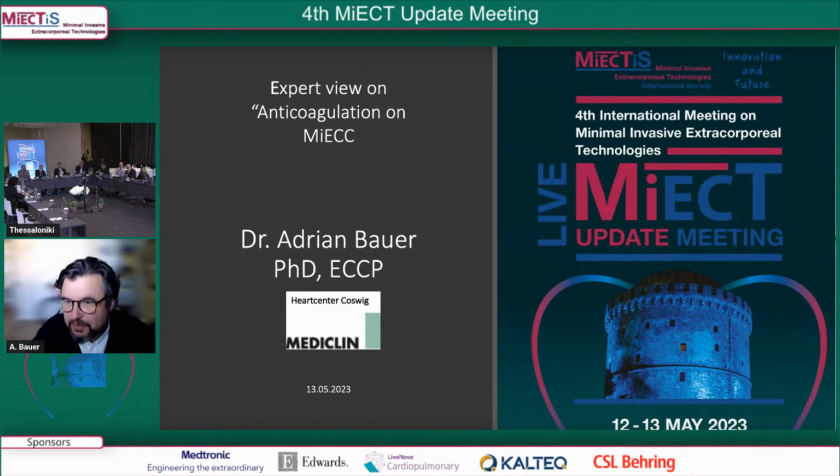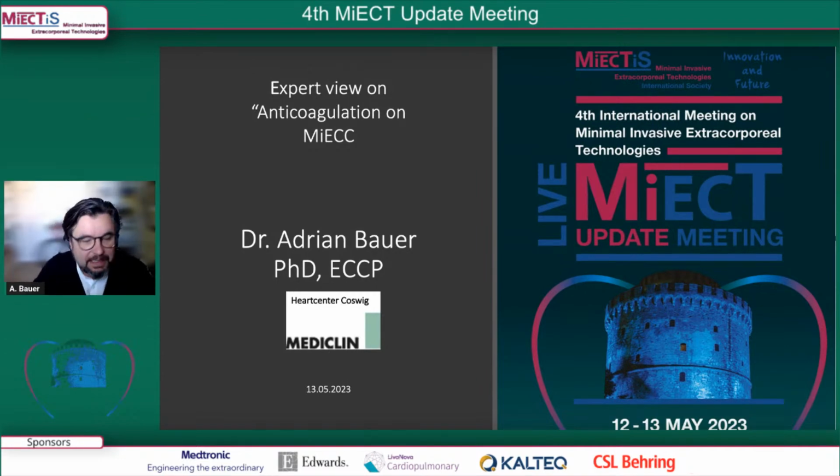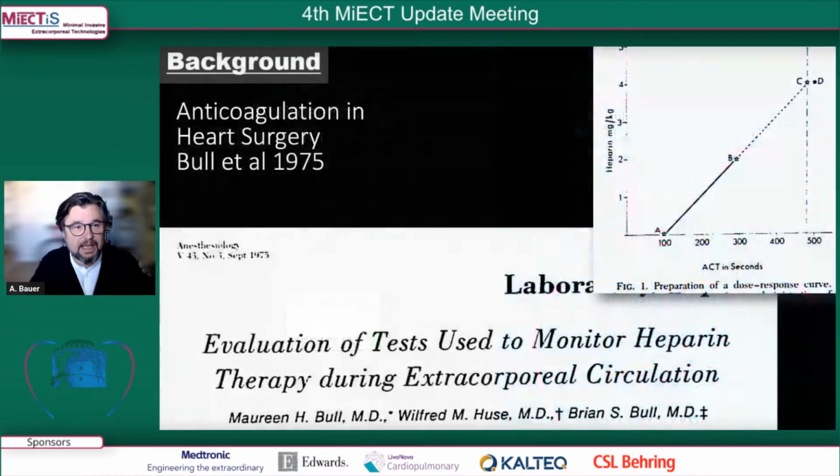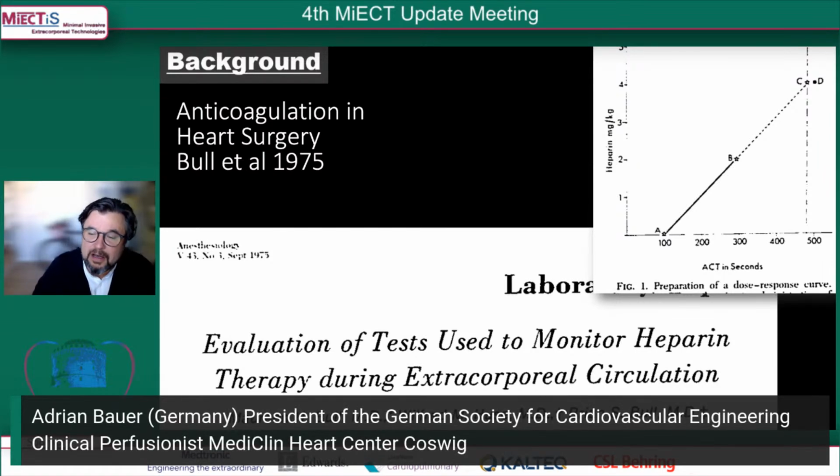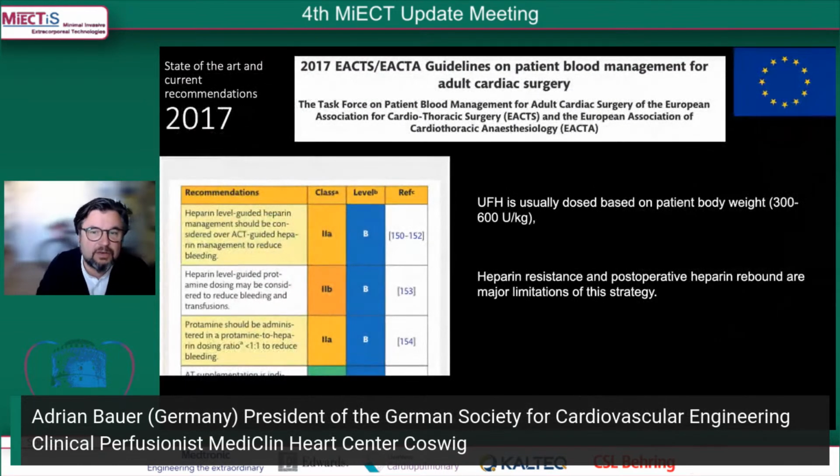Thank you very much for the invitation, and let's talk about anticoagulation. It's an old story. It's a little bit younger than me that Bull established a system using a titration method to find out which is the best level for anticoagulation. Of course, with heparin, we're talking about a heparin anticoagulation.